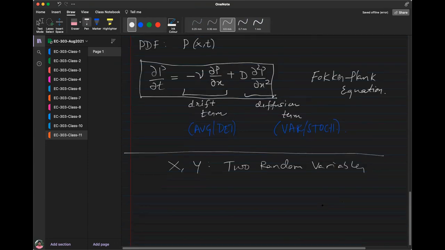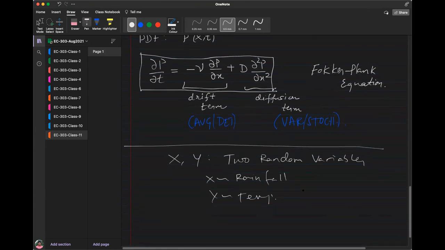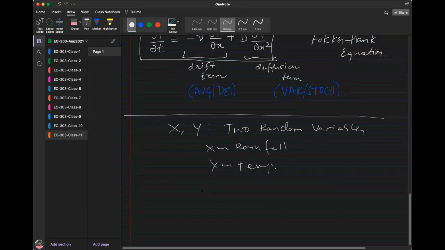For example, x could be rainfall, y could be temperature. Let's say for every day there is some value of the average rainfall, xt, that's the rainfall value on the tth day, and y is the average temperature on the tth day. So these are two random variables, right? So correlation captures, is there any relationship between them?